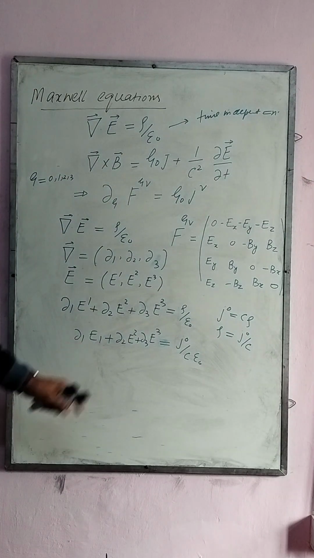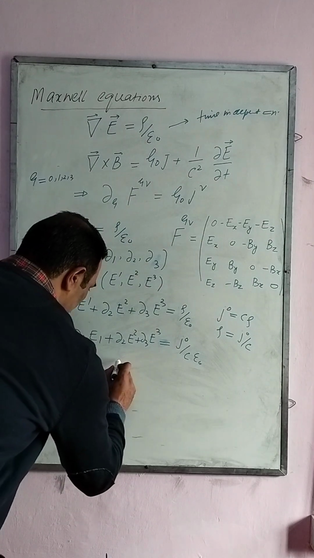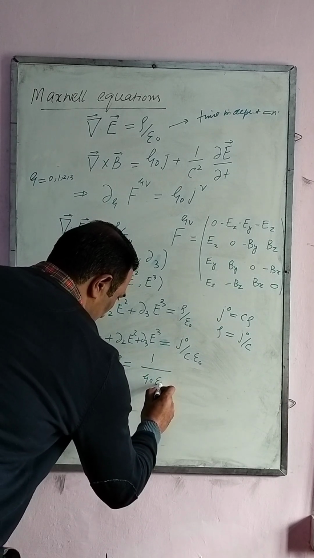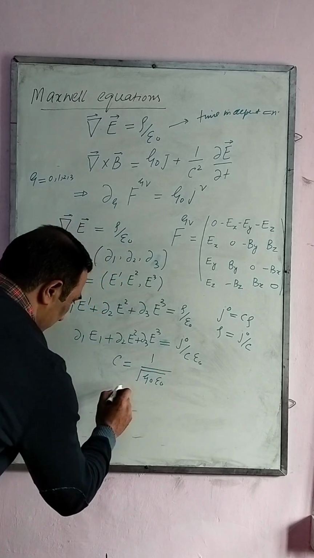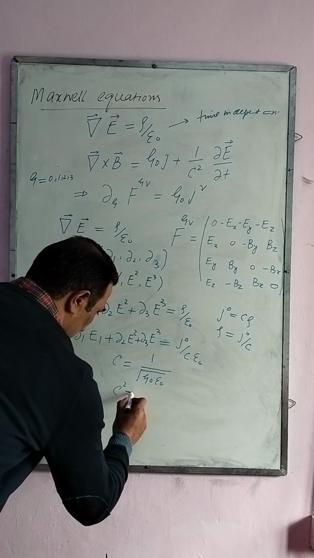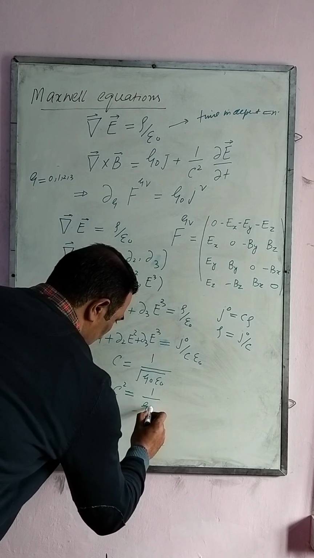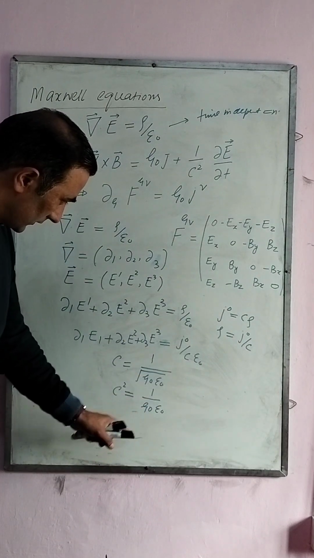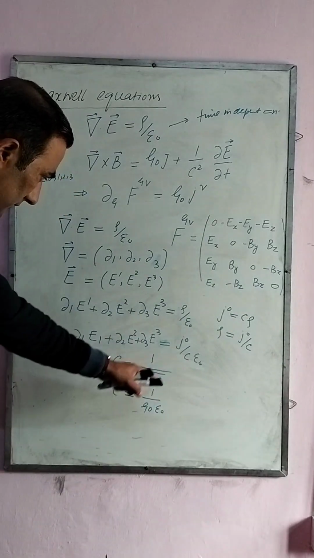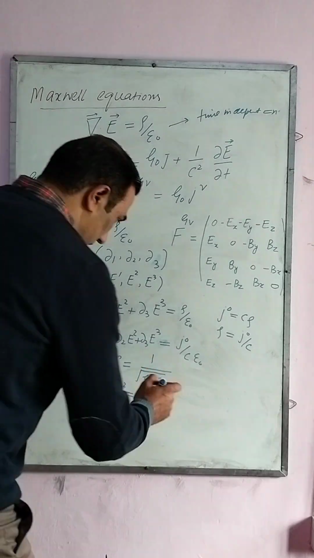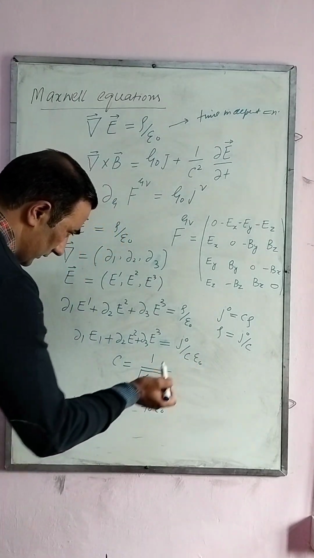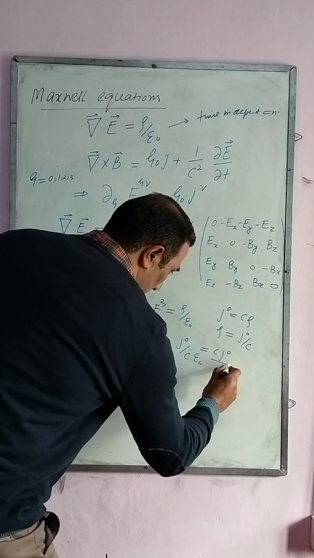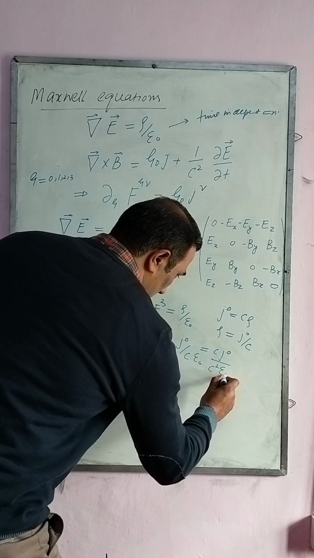Right? That's clear. Or you can write this, because we know that we can write C equal to... or you can write C square, because you can rewrite this term as Cj0 divided by C square epsilon naught, right?